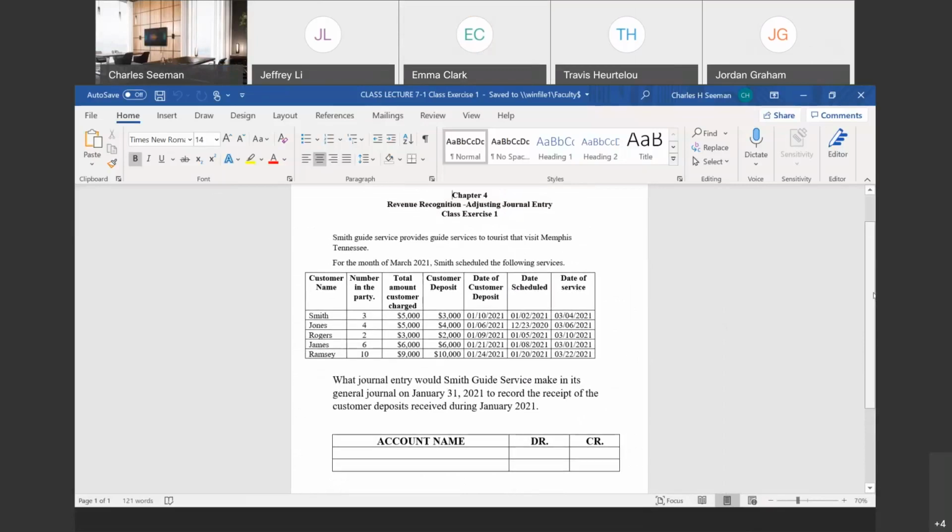Just in your mind, try to write down the journal entry on a piece of paper, or just do it in your mind, what you think the journal entry is going to be. Or if there is a journal entry. Just remember, Smith has not provided the services yet. So they have not satisfied the performance obligations.